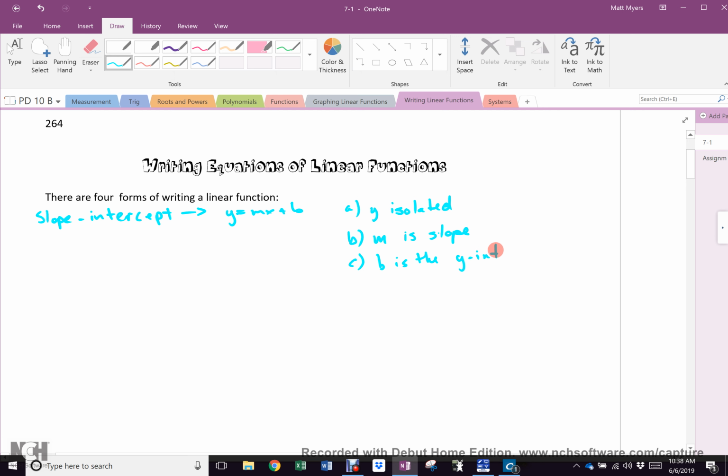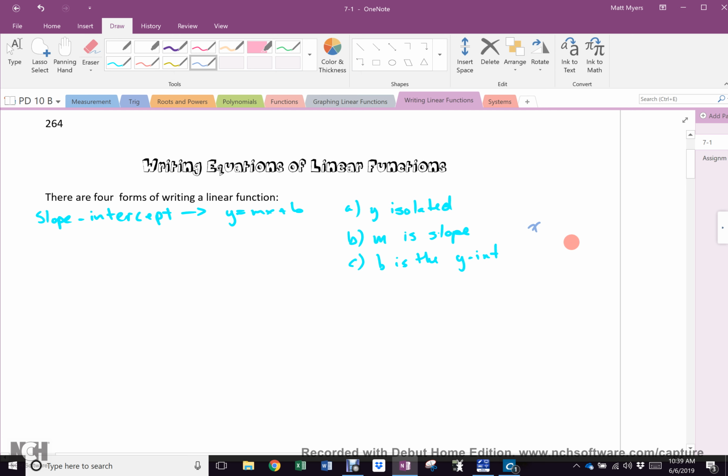Now, the problem with this is you all forget that b, yes, it's the y-intercept, but it's also a point on the graph, isn't it? And that point is (b, 0), which is an x. Sorry, I lie.